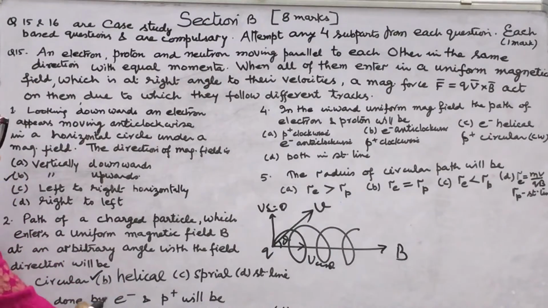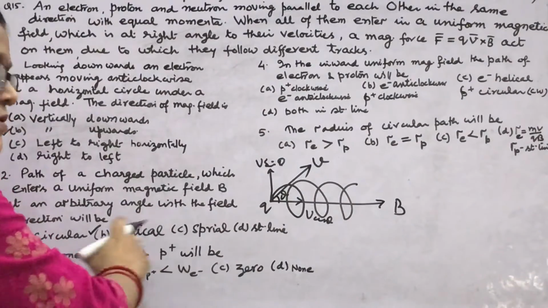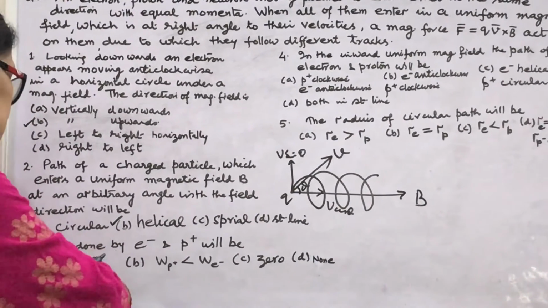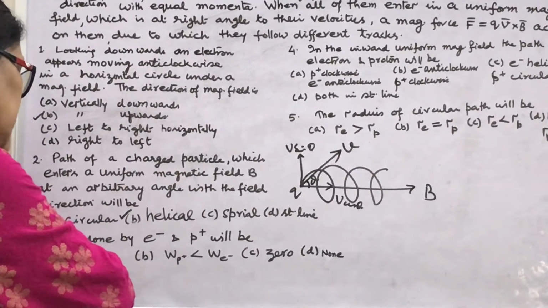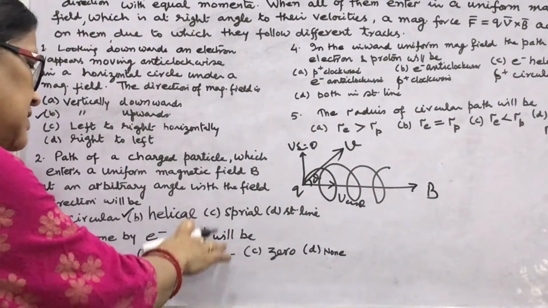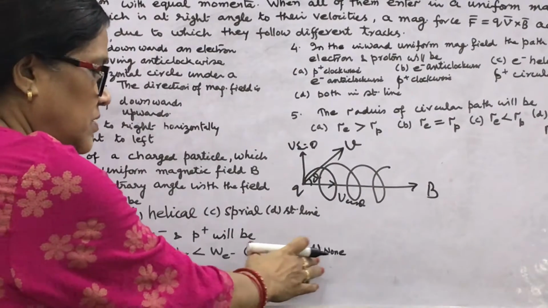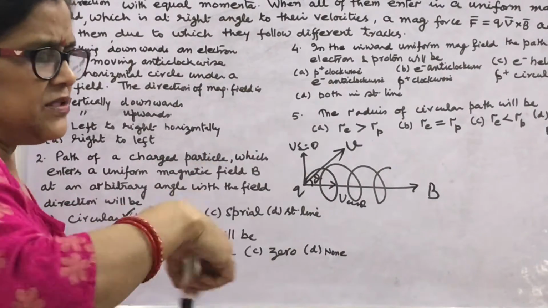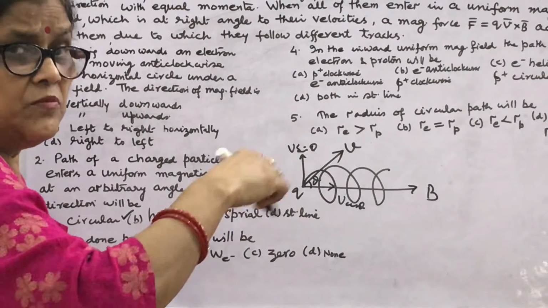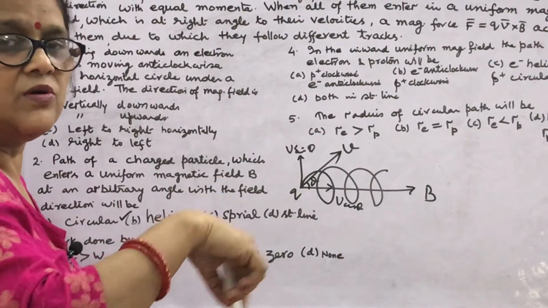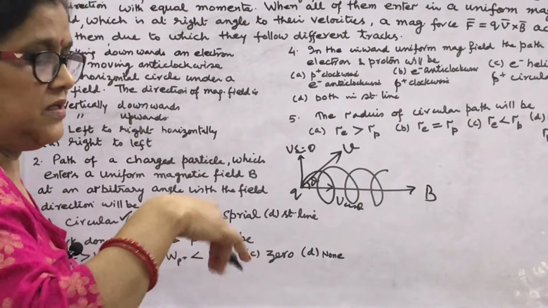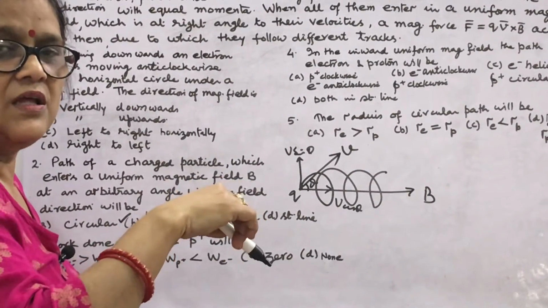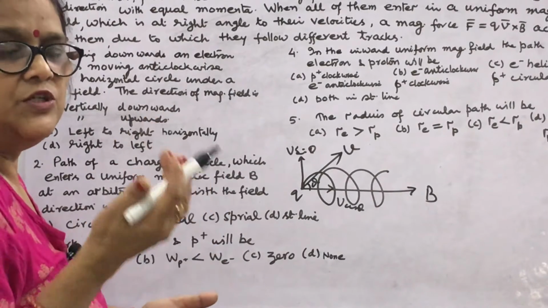Third, work done by electron and proton will be. Options are given: electron's work done more than proton, less than, 0, none. You must be knowing, when the motion of electron or proton in the magnetic field is a circular path, there will be 0 work done.